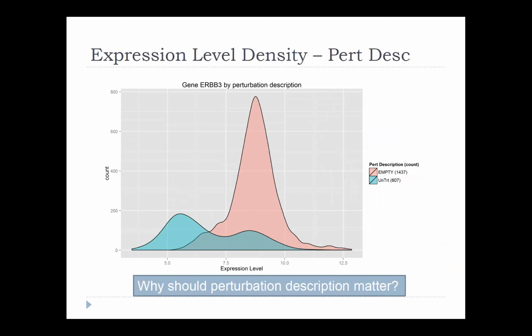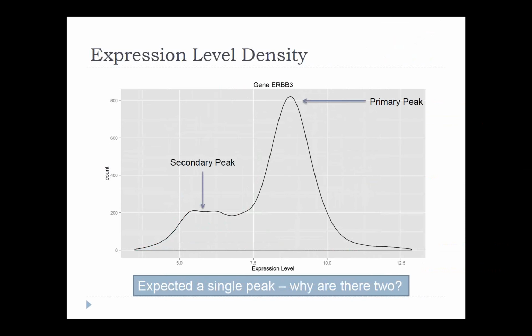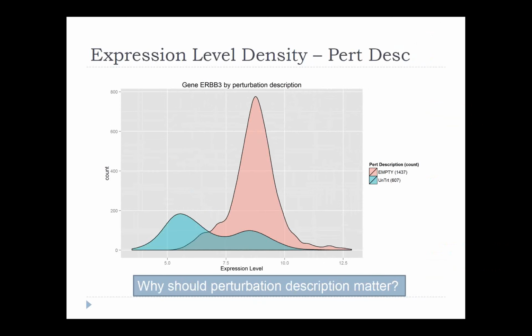Is this just compound treatment data, compound perturbagens? So I went in and pulled out everything where the perturbation type is listed as UNTRT, untreated. And that gives me this. And then within that data, conditional on what the perturbation description field said, I get this.